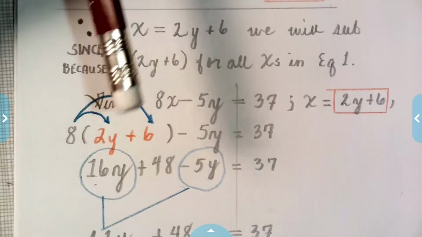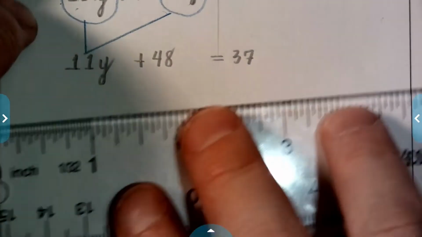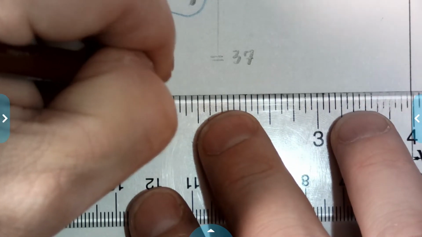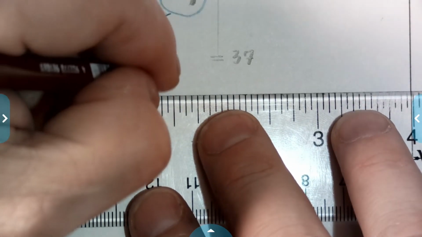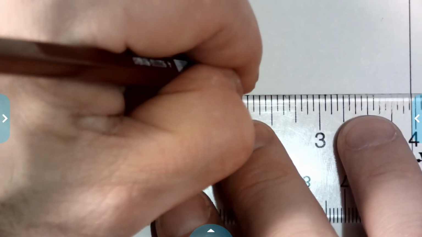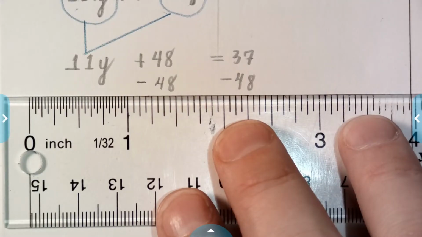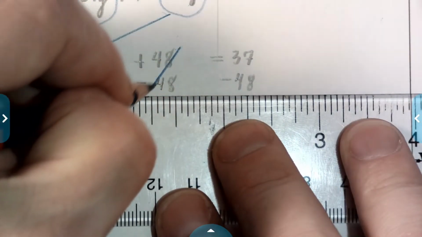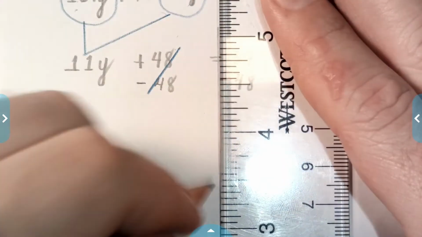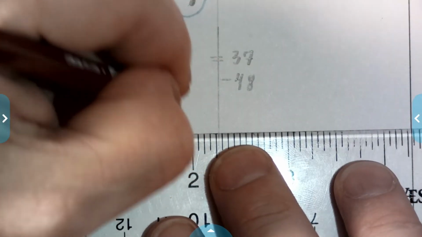Okay, so now what? Well, we're trying to get y by itself, right? So subtract 48 from both sides. On the left side, that cancels out. And I've got 11y by itself on the left.